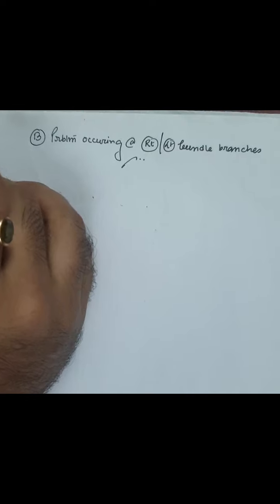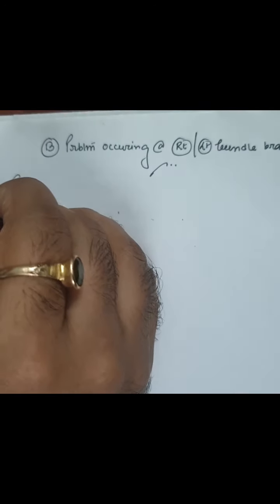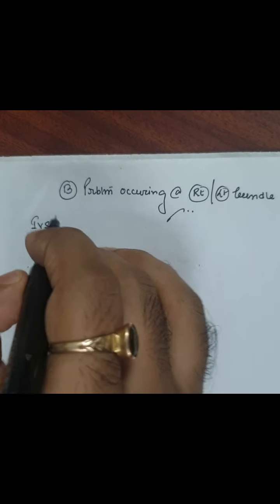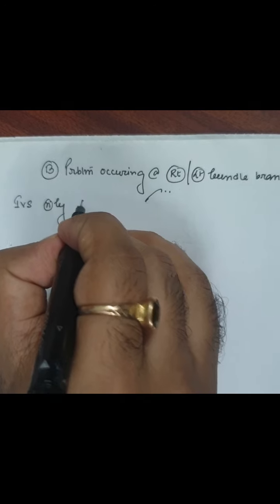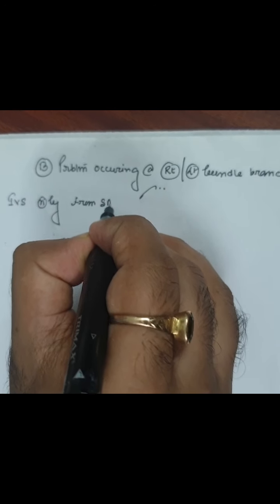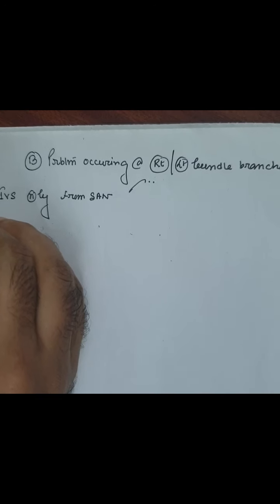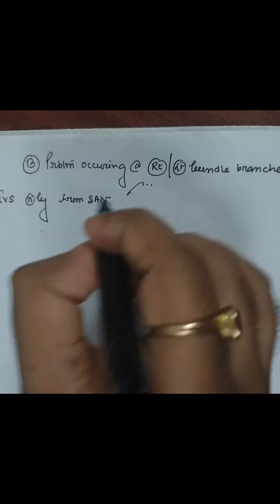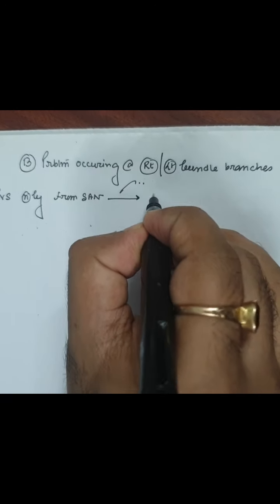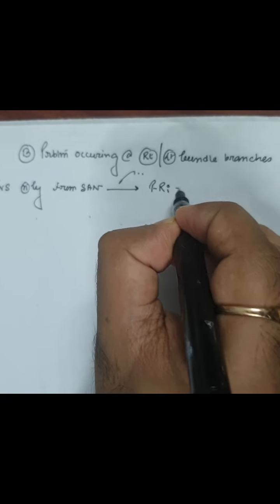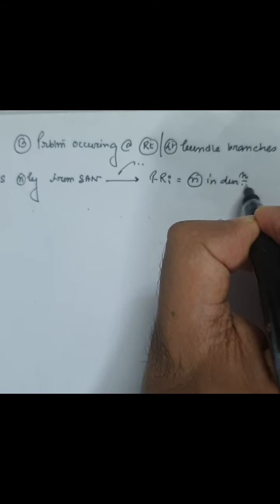So remember, if the depolarization wave reaches the interventricular septum or IVS normally from the SA node, so the electrical impulse to the IVS normally gets down from the SA node, then always the PR interval is normal in duration.